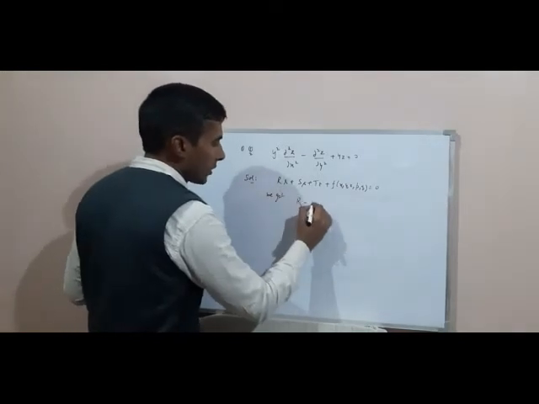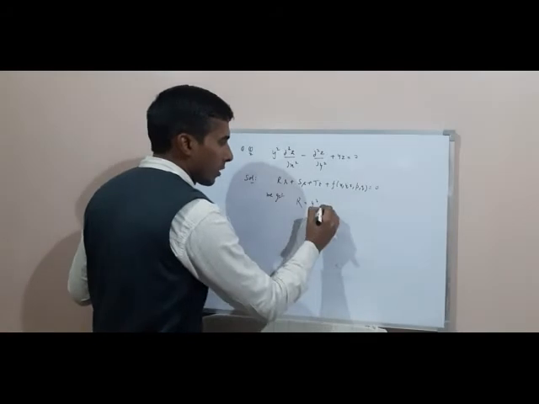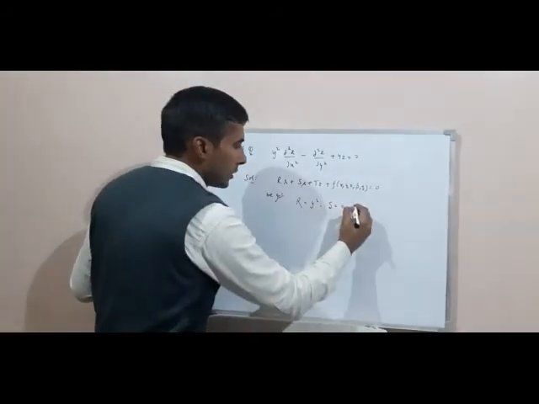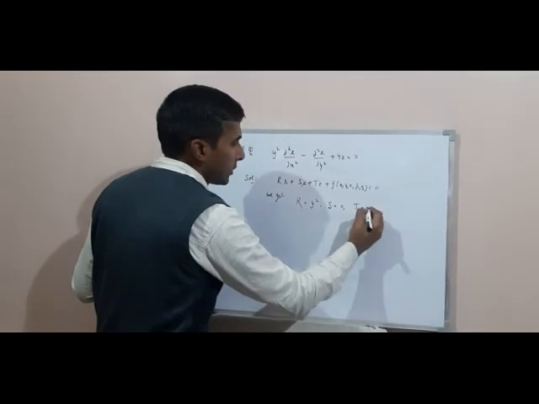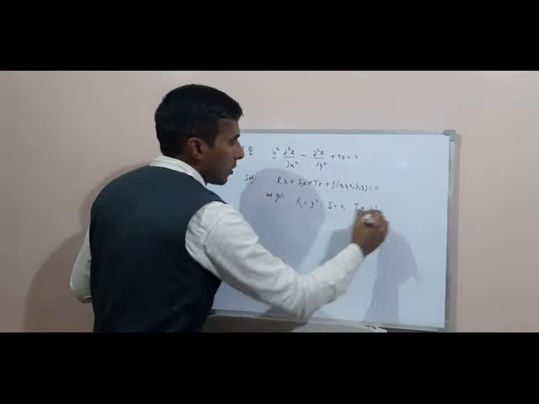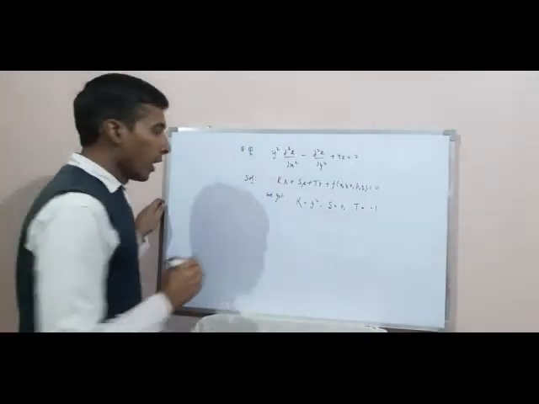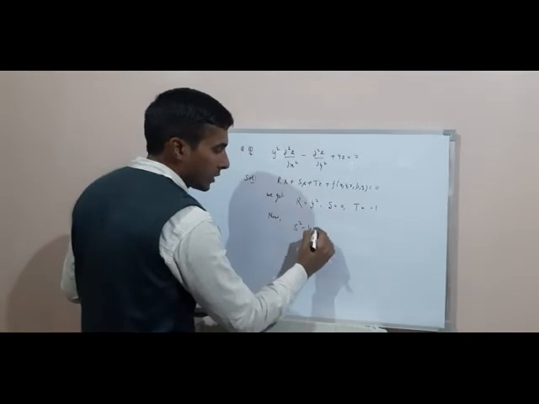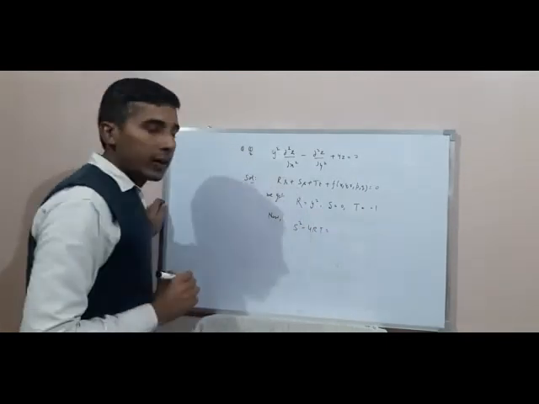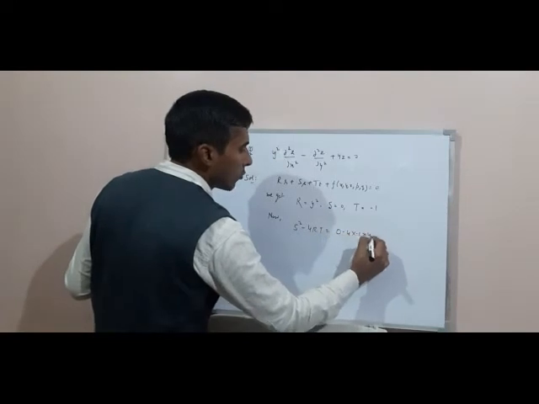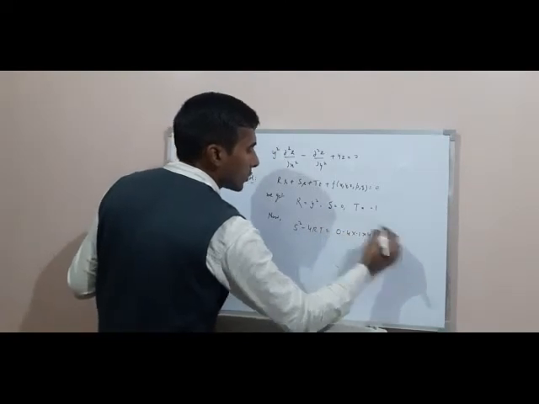Capital R is y², S is 0 and capital T is −1. Now what will we get? S² − 4RT is 0 − 4 × (−1) × y², so this is 4y².